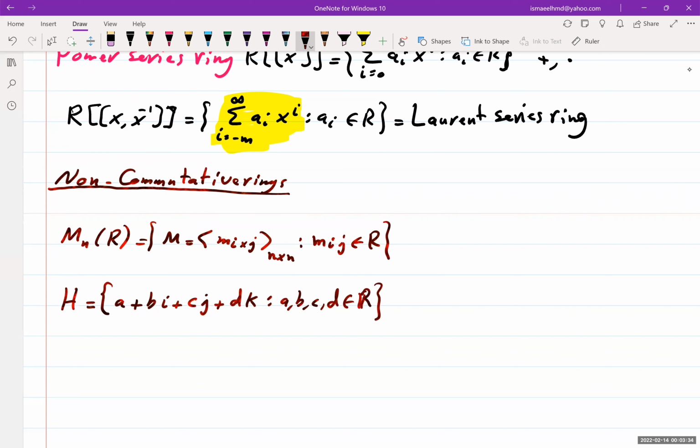This ring is called the quaternion ring.